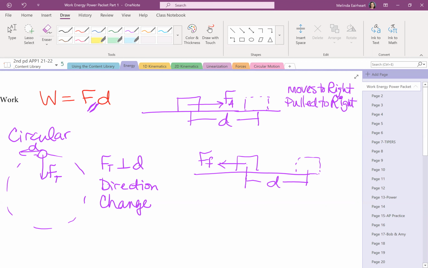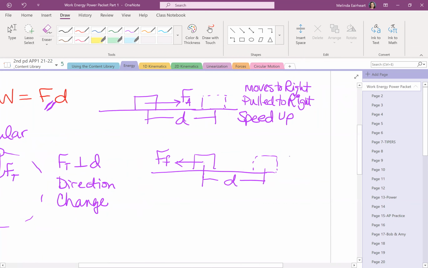The top example is slowing down? No, it's speeding up, right? You pull something in the same direction it's moving, that's going to be a speed up. What about the story of the second box? It's going to be slowing down because friction is pulling to the left, but it's moving to the right.